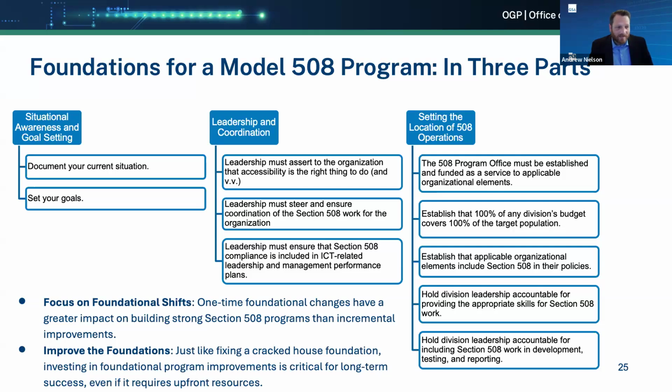And so it's not only your IT division, but wherever I have a population of individuals with disabilities, and I'm producing digital assets, digital content, applications, I need to make sure that content is accessible to my population.